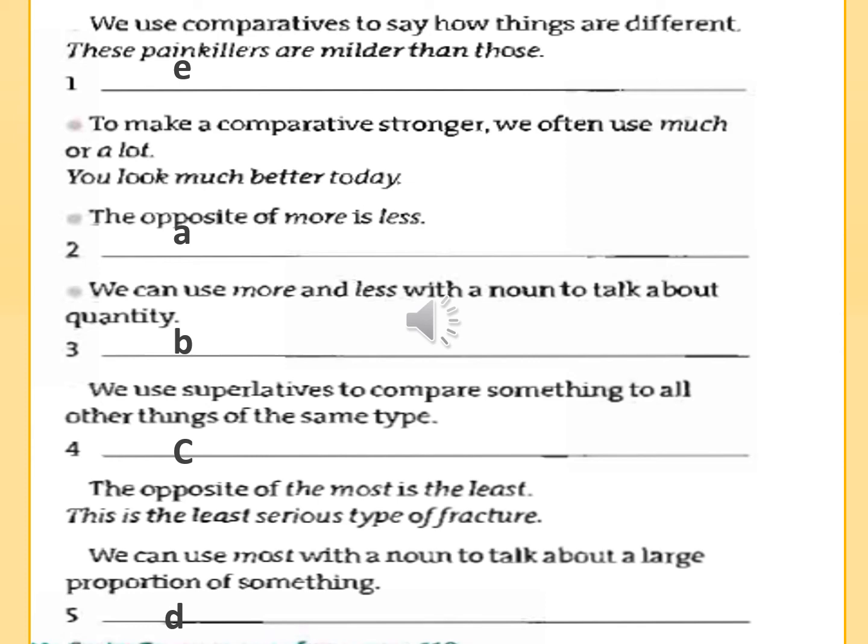The fourth rule is we can use superlative adjectives to compare something to all other things of the same type.